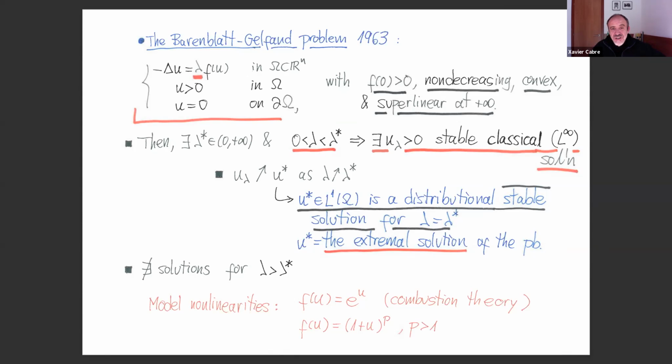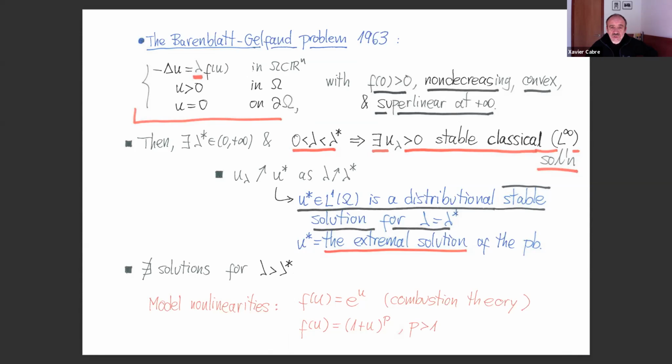They call it oxidation, and it doesn't burn, and it reaches, as time goes to plus infinity, a stationary temperature, which is exactly the solution of this problem, the stable solution. And there was no explosion or ignition. Instead, for lambda bigger than lambda star, it's when ignition succeeds to happen. All right. Well, this is the model.